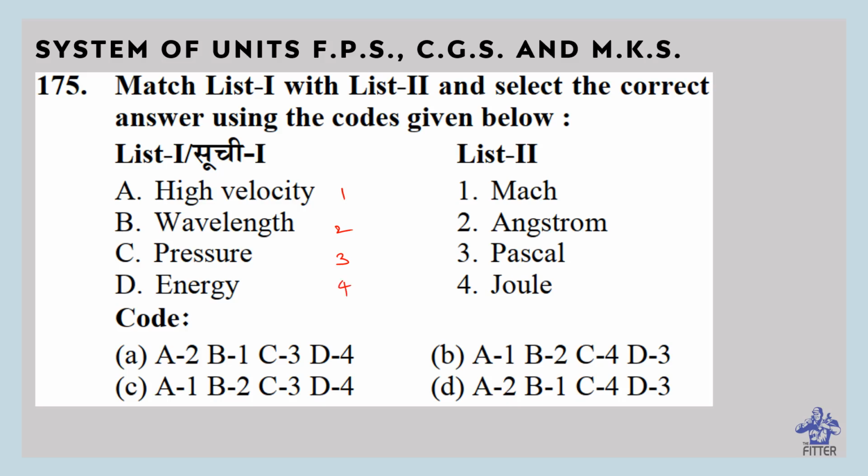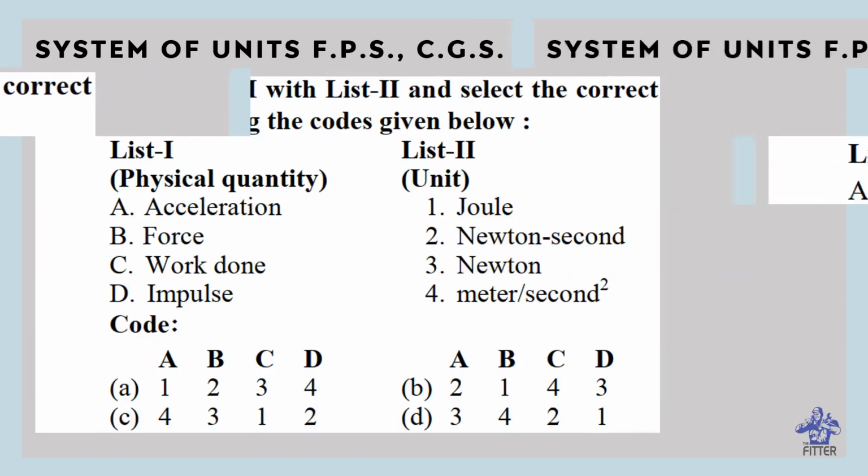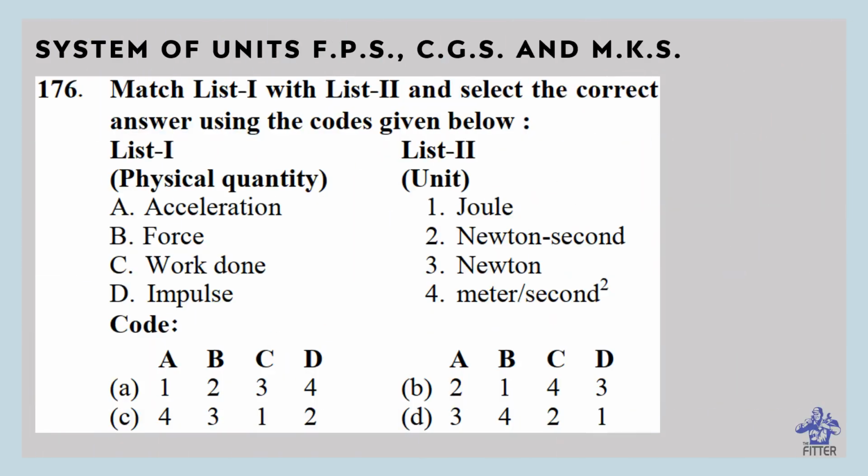That is option C. Acceleration meter per second square is 4, force Newton 3, work done joule 1, and impulse Newton second, 4312, option C.